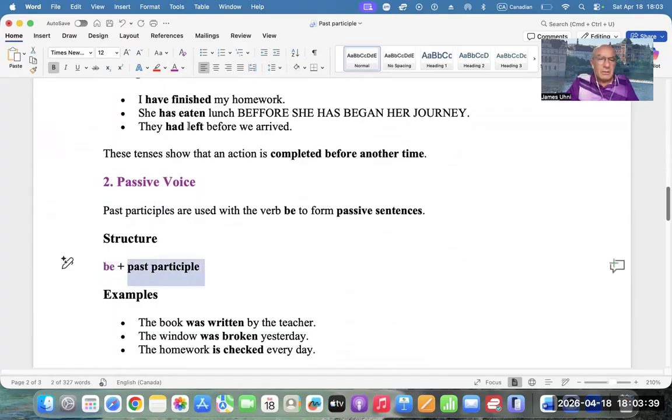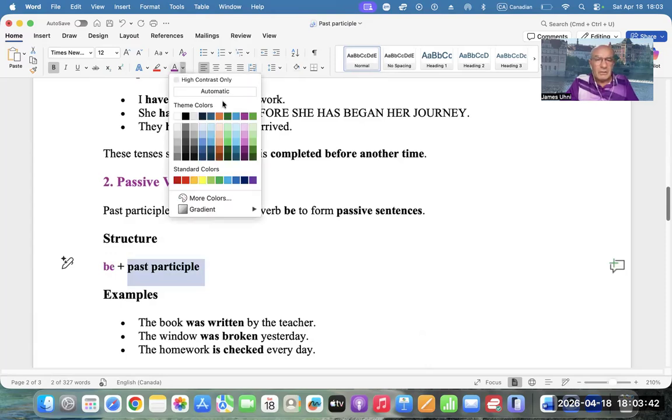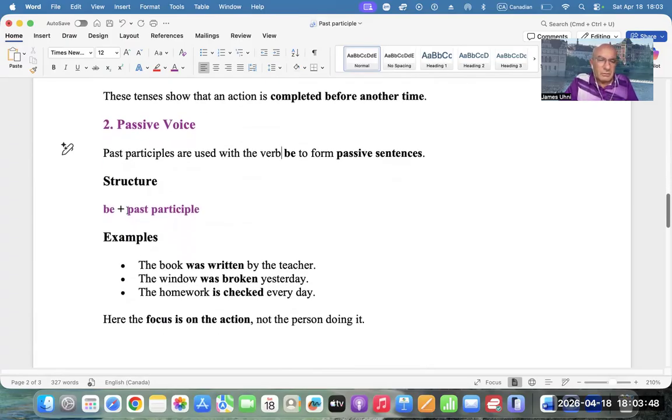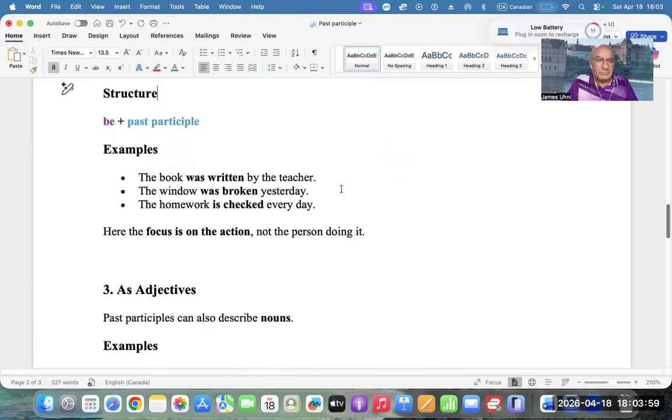So you can see that the past participle is a unit that helps a lot in English grammar a lot. Here are examples. The book was written by the teacher, but we can stop right here. The book was written. Was is past form of verb be. Written is third form of the word write.